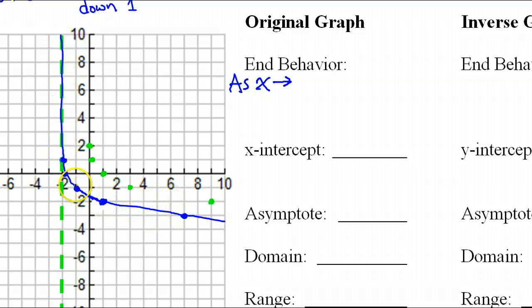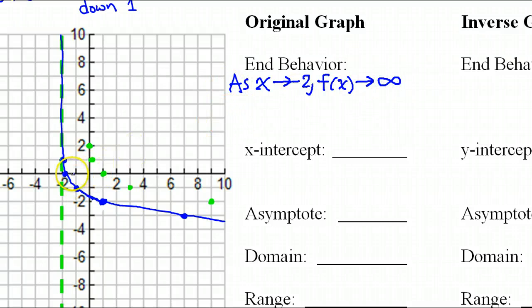So the x values are getting closer and closer to negative 2. So as x approaches negative 2, and the question is, what happens to the y values? What are they approaching? Well, as the x values are getting closer and closer to negative 2, the y values are going up, positive infinity. So that's the left end behavior.